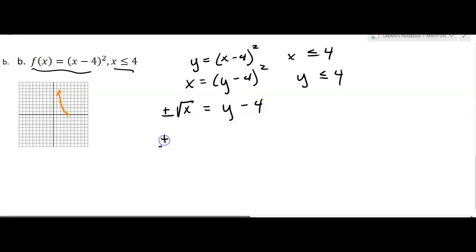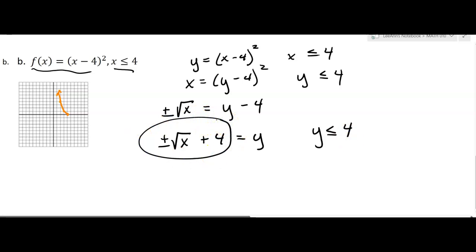Like I said, I wasn't thinking there were too many surprises here because we already did this. But now here's where this comes in. The y is less than or equal to 4. If my total over here has to be less than 4, then I need this to be the negative case. So I need it to be negative square root of x plus 4 equals y.